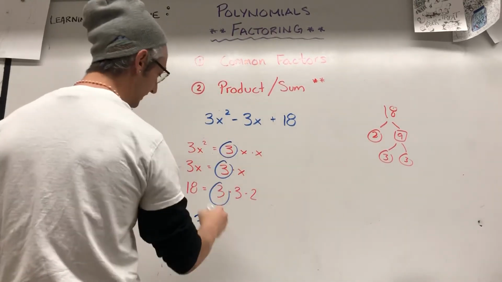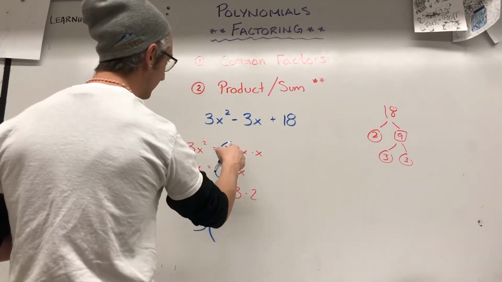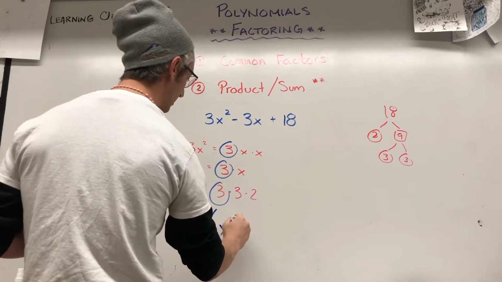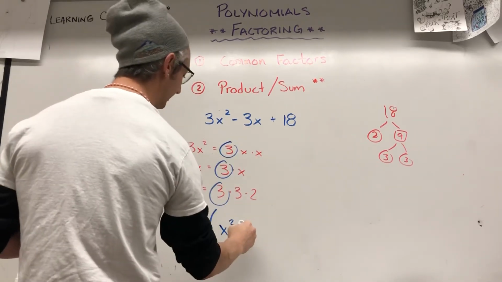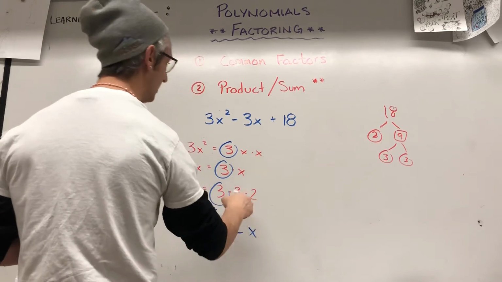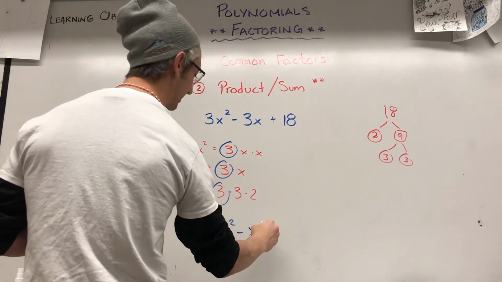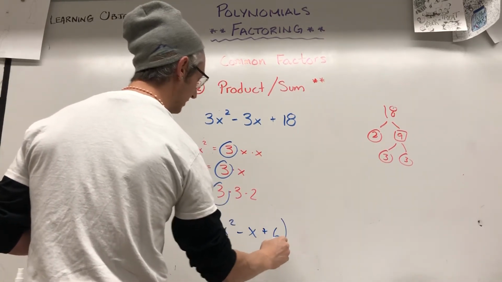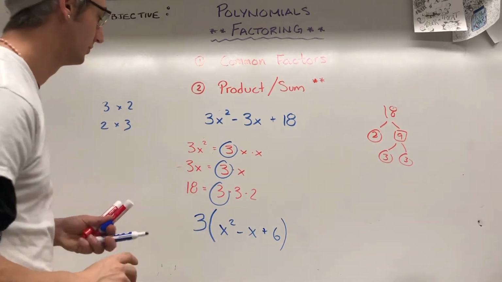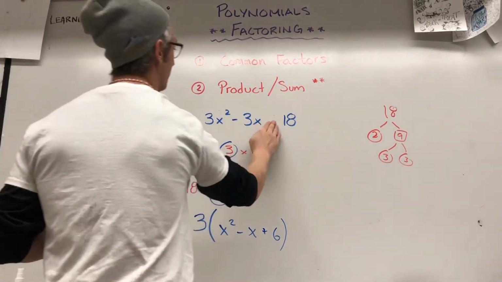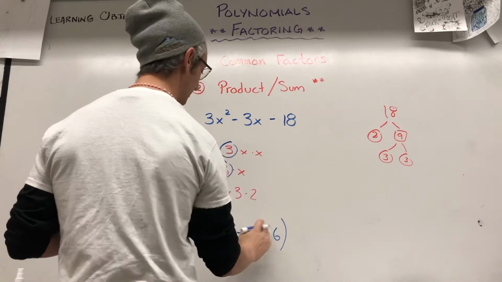I'm going to pull out this 3, open brackets, and then I'm going to be left with x squared minus x plus 6. Sorry, that should be minus 18 there. My bad, guys. Minus 6.